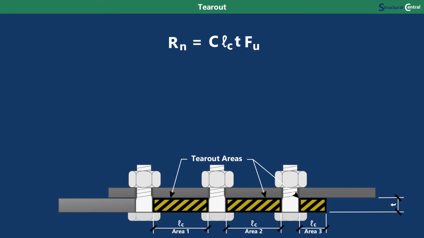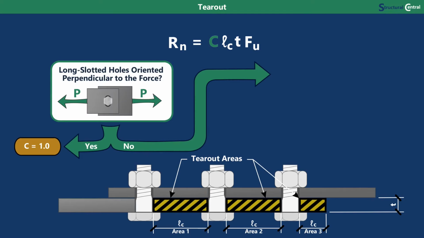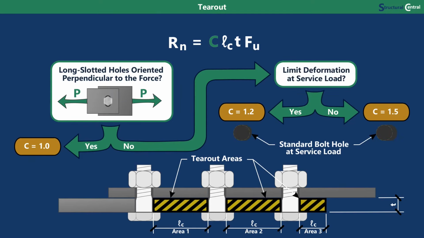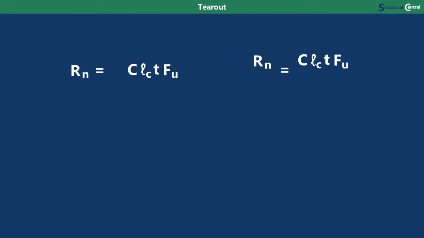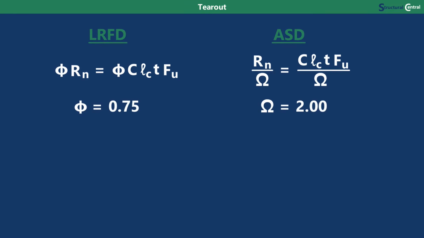Similar to the bearing limit strength, the coefficient C has 3 different values depending on the hole type and if bolt hole deformation at service load is a design consideration. The formula will then match equations J3-6C, D, or F found in AISC 360. The LRFD or ASD safety factors for tear-out are the same as they are for bolt shear and bearing capacity.